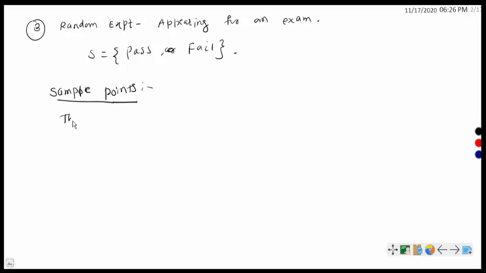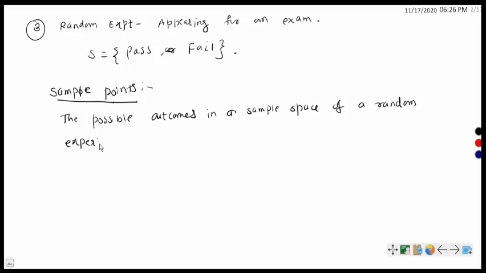The possible outcomes in a sample space of a random experiment are called sample points.